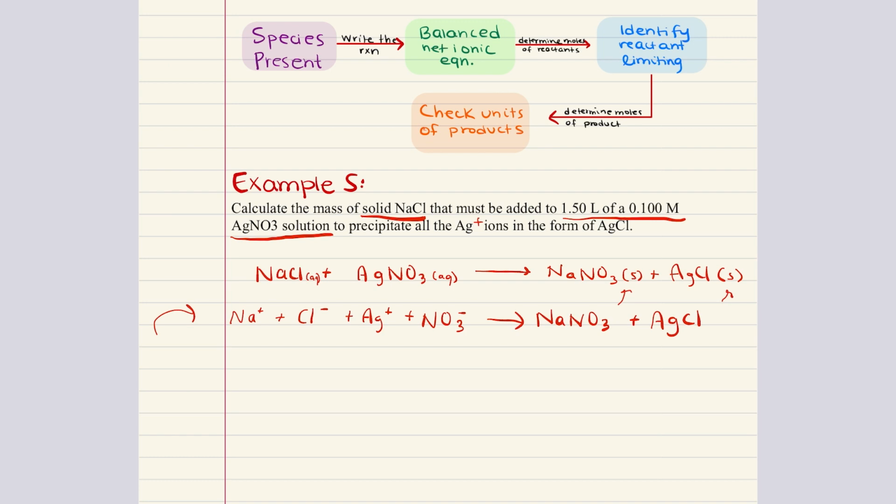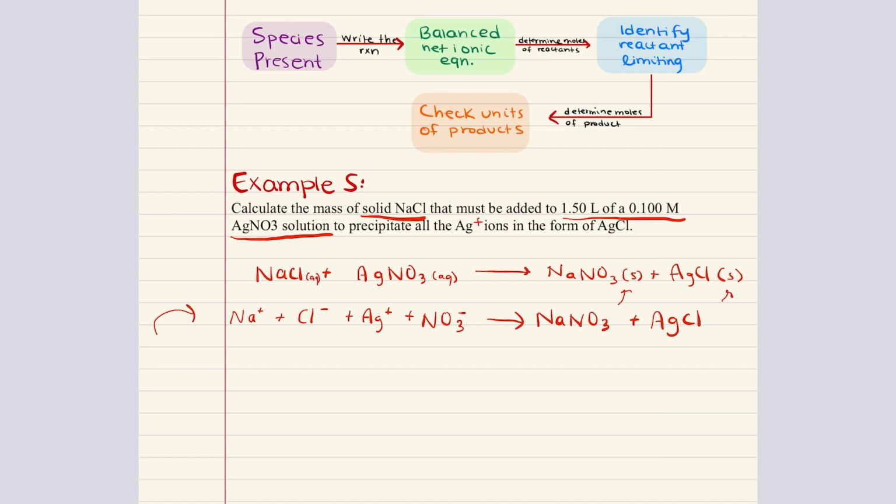And this is important because part of this problem is figuring out the mass of solid sodium chloride that has to be added to our solution of silver nitrate that results in a solution that precipitates all of the silver ions to form silver chloride.